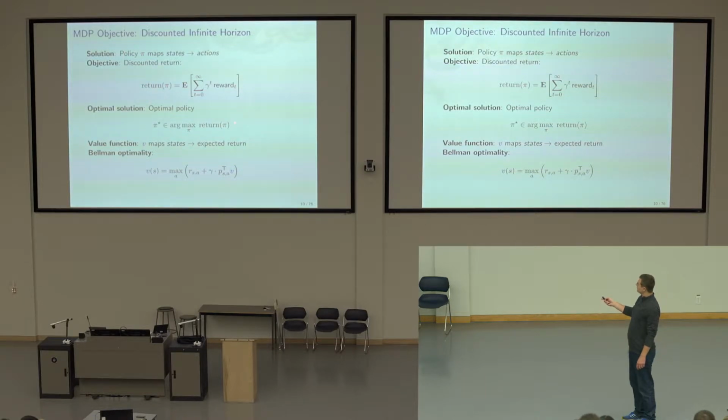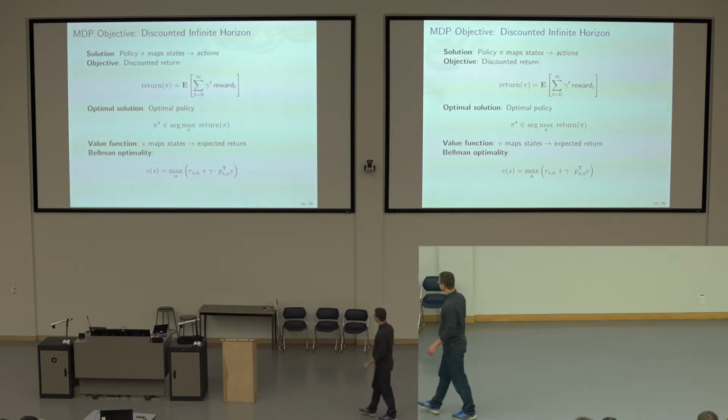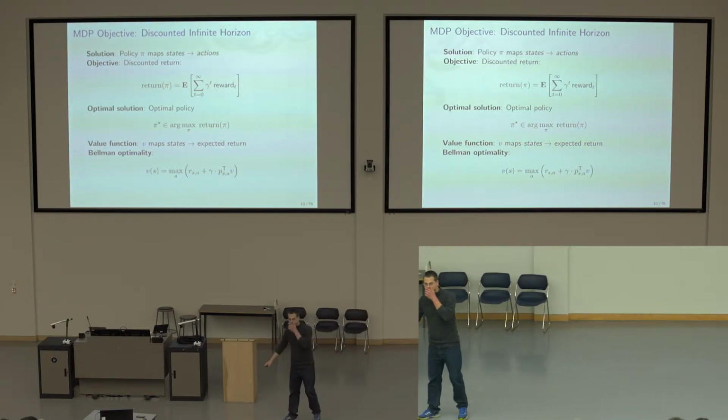Our optimal solution is going to maximize the return. An important concept we've seen a lot is the value function, which maps states into the expected return, and the Bellman optimality, which tells you that the value of any state is equal to the best action with respect to the immediate reward plus the discounted value in the next step.